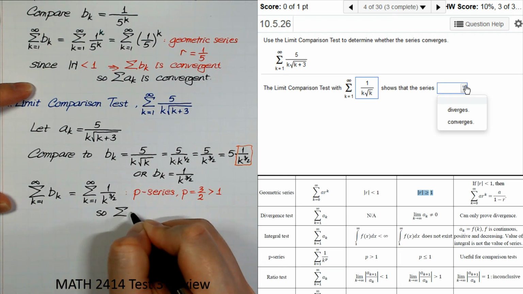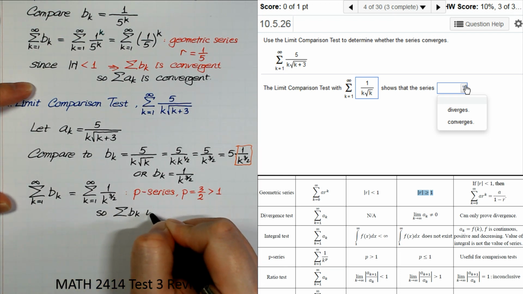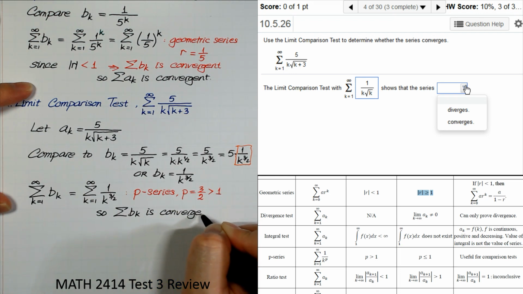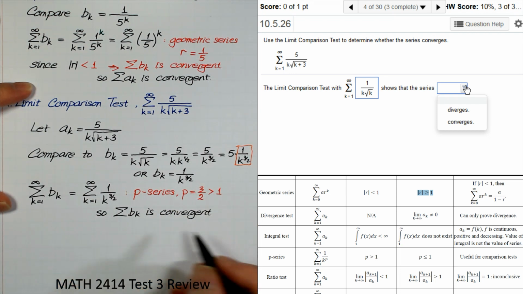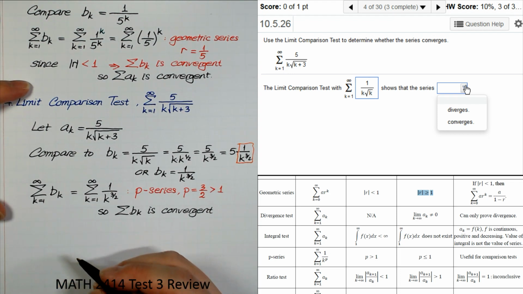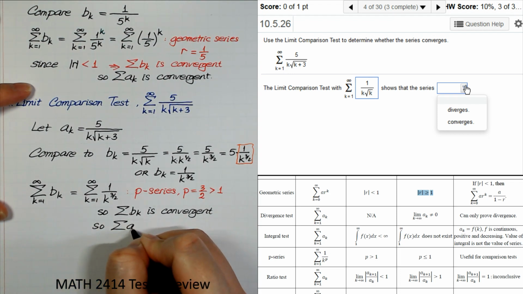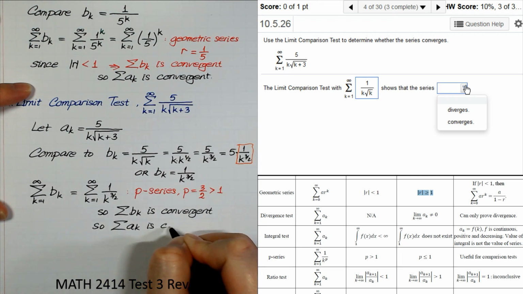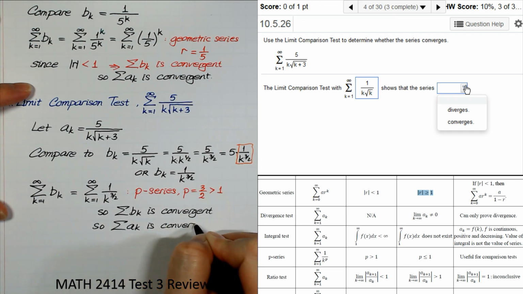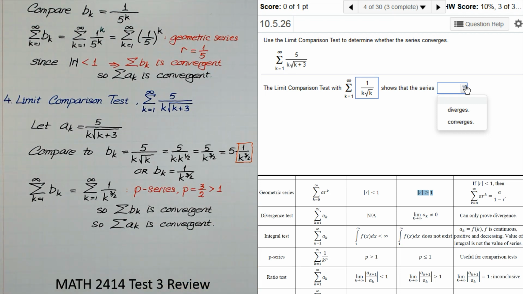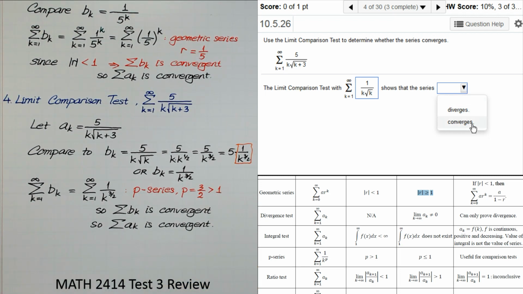So the series b of k converges, and since b of k is convergent, so is a of k. So that is the limit comparison test.